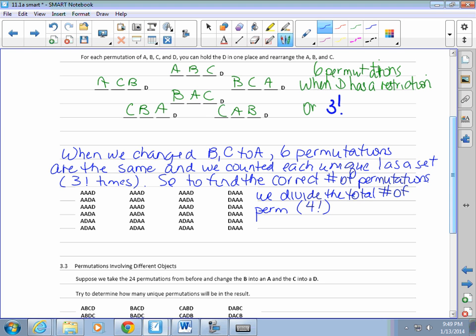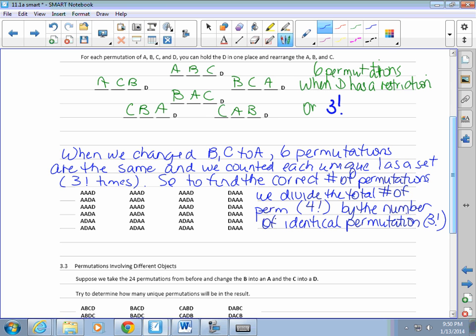So we had 3 identical permutations in this example. Or, if you want to think of it another way, by the number of repeats. So in this case, we had 3 factorial, or 3 ways of repeating that.